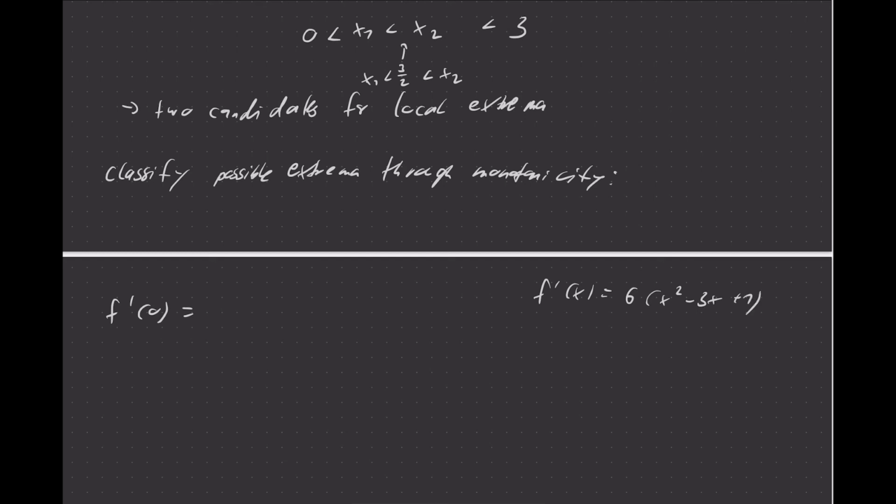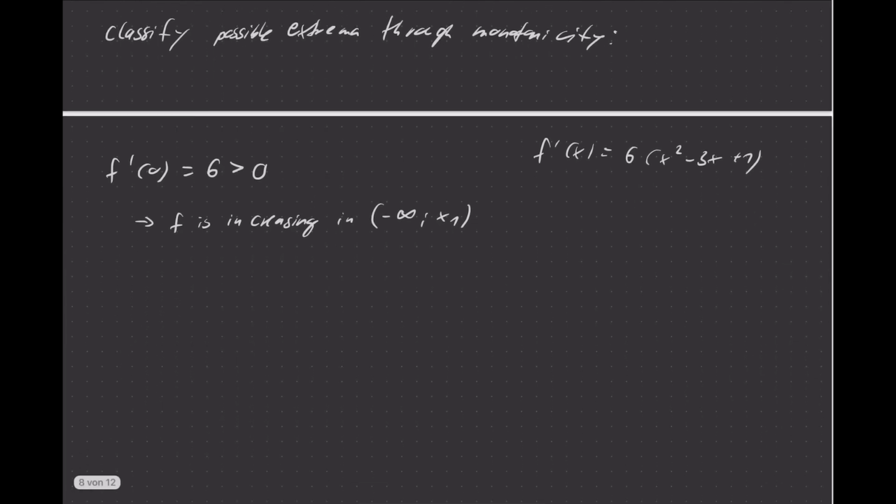So f prime of 0 is simply 6, and that is of course positive. So that means the function is going to be increasing to the left of x1. So f is increasing in this interval from minus infinity to x1. It'll be stationary at x1.